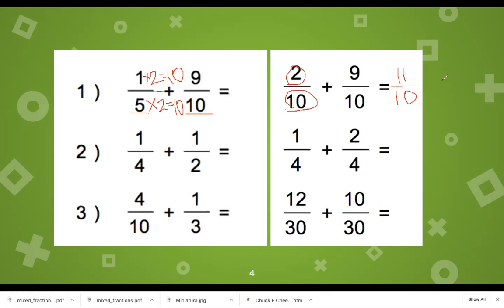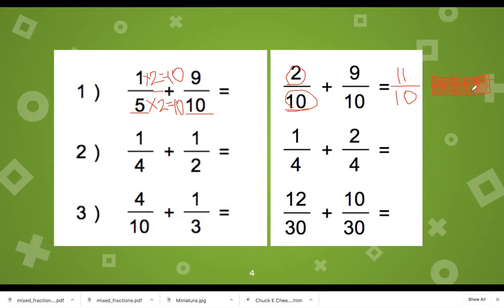And if you think about it in a drawing, let's say that I have 2/10 here. So 1, 2, 3, 4, right? There's tenths. And let's say I have 2/10 and I add 9/10 to that. So 2 plus 1, 2, 3, 4, 5, 6, 7, 8.